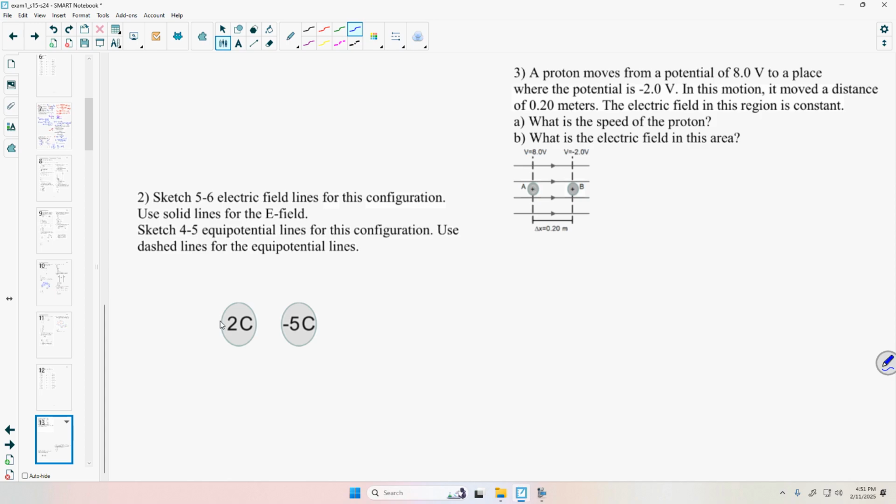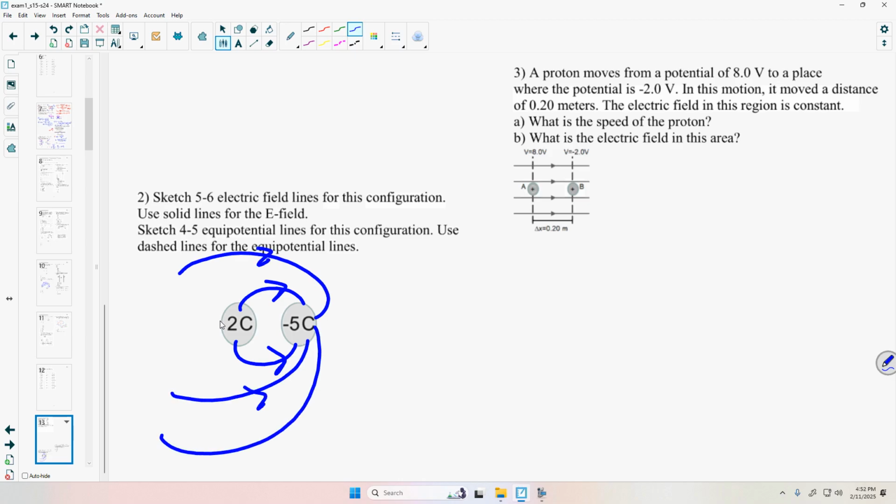It'd have 5. So I'd have 2 field lines coming out of there, and then I'd have 5 additional field lines that are coming in from far away. 1, 2. Oh, I had 1 too many.